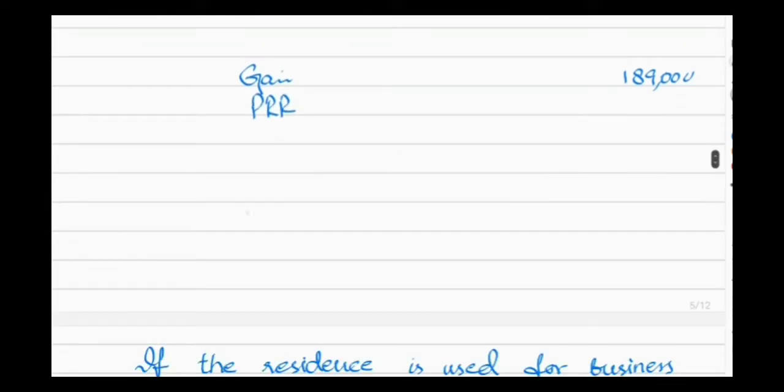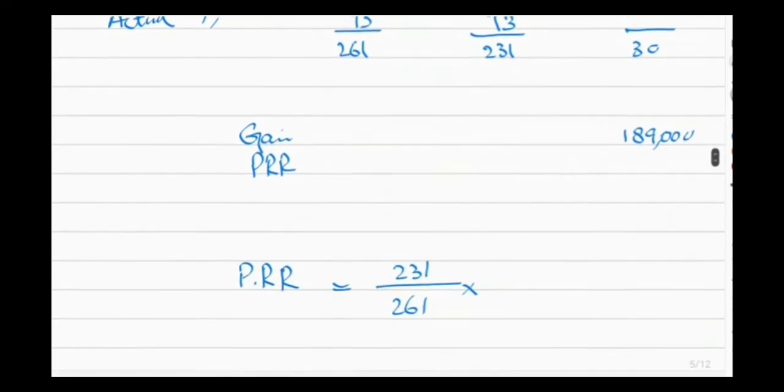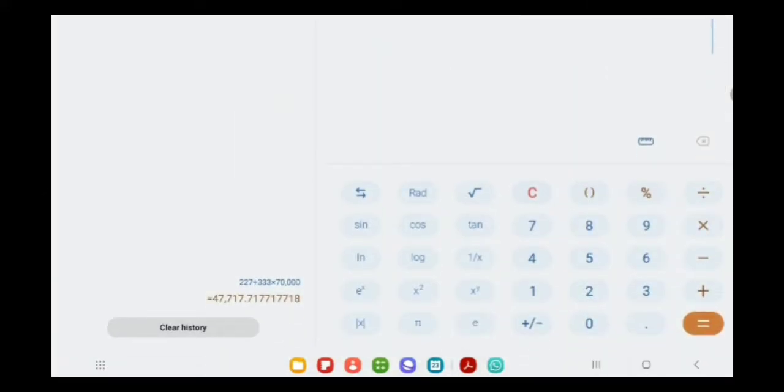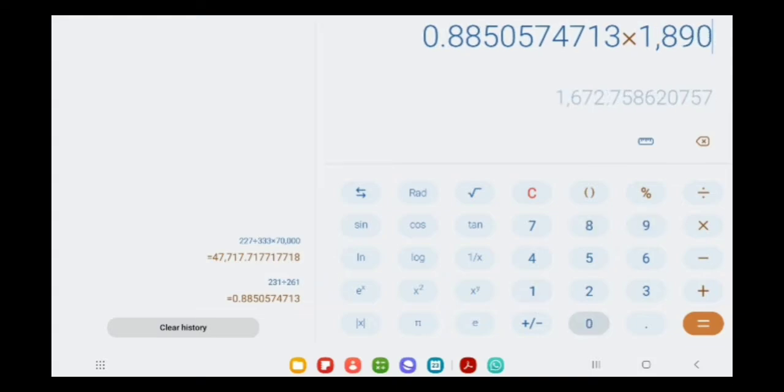And how do we calculate PRR? It is the period of occupation, which in this case is 231, over the period of ownership 261, multiplied by the gain 1,89,000. So it is a relief of 231 divided by 261 multiplied by the gain 1,89,000.